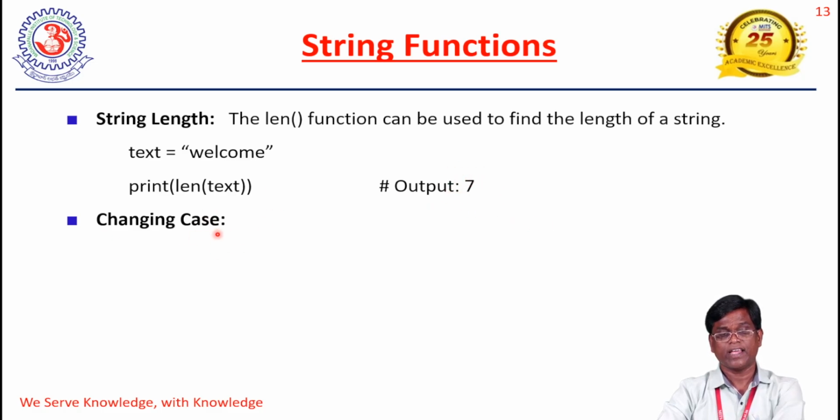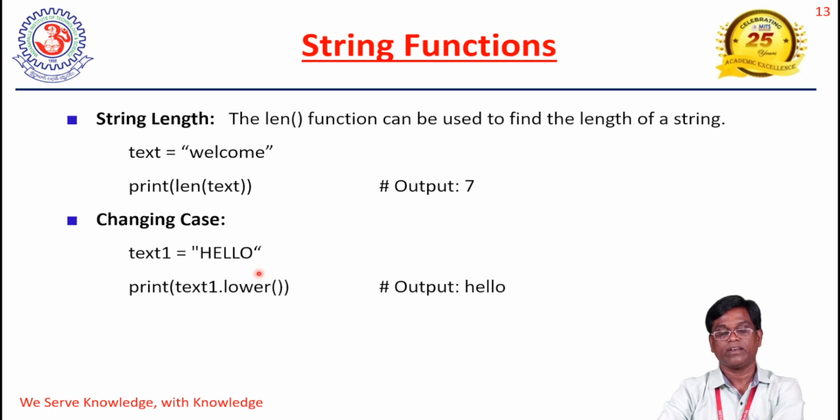Next, the second function that we are going to use here is for changing the alphabet case. Let us see here, I have a string text1 is equal to hello here. Now if I want to convert this hello string to lowercase, I am going to give it like this: text1 is equal to text1 dot lower.